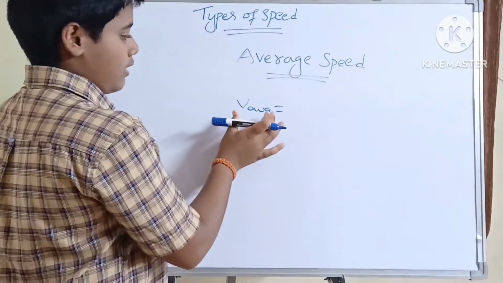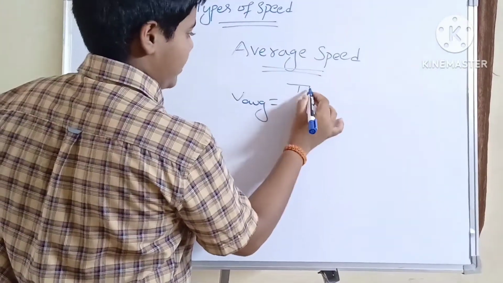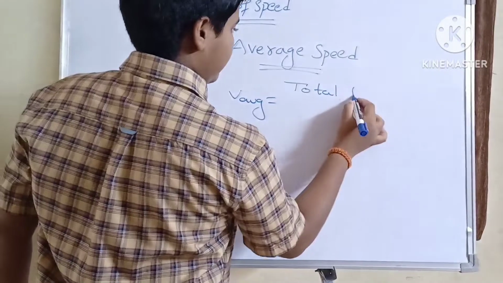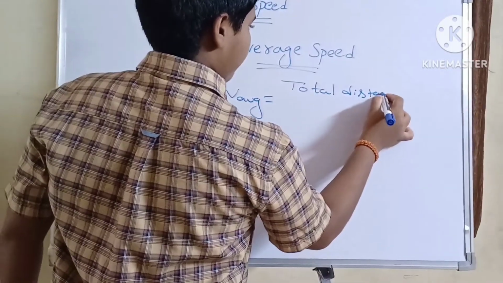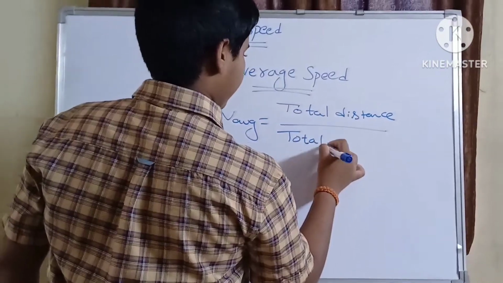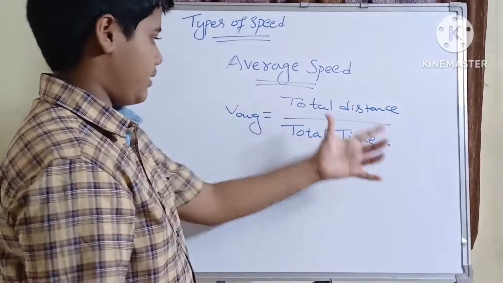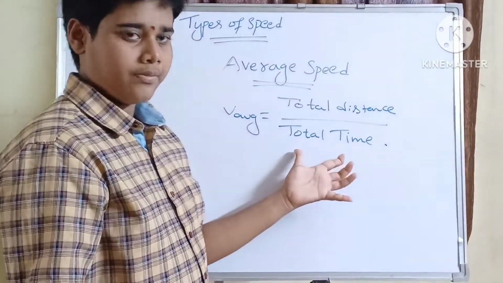So here V average means average speed. The average speed formula is total distance by total time.